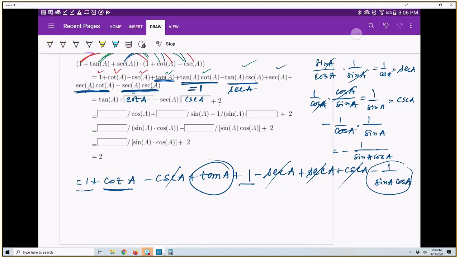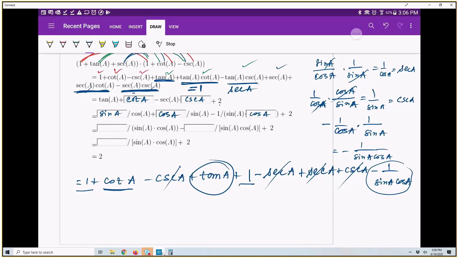So the third line: tangent, write it as sine A over cosine A. Cotangent is cosine A over sine A. Minus, now you are going to say secant cosecant is 1 over sine A times cosine A, plus 2.